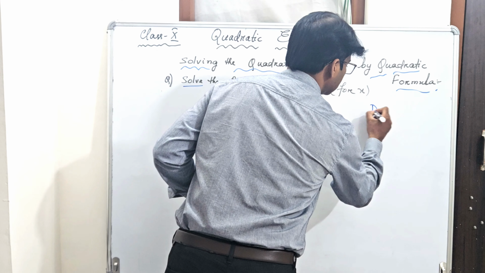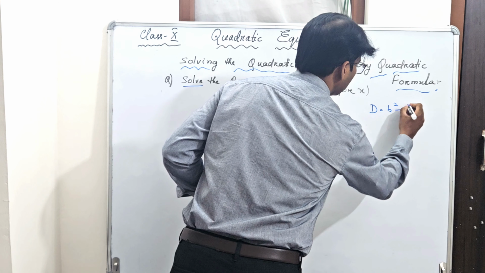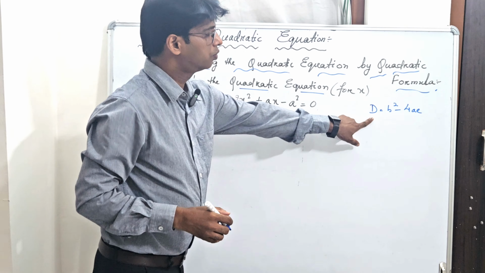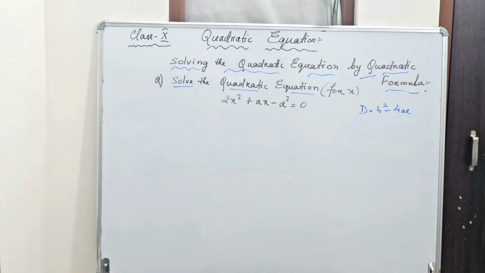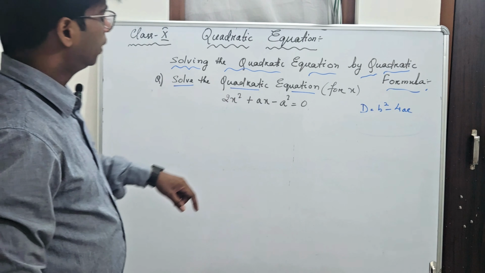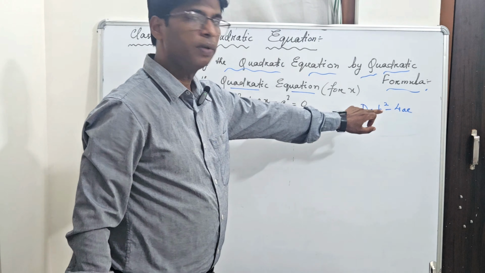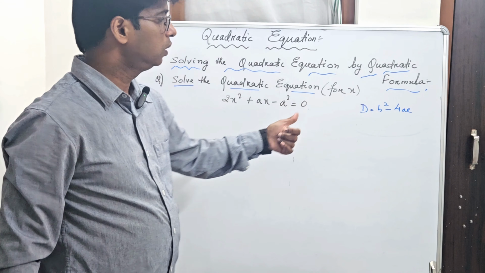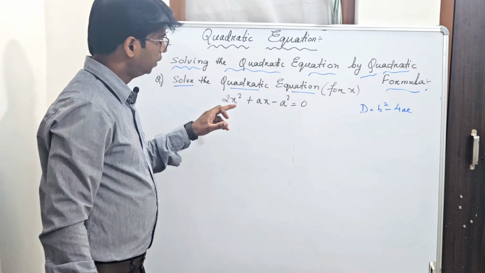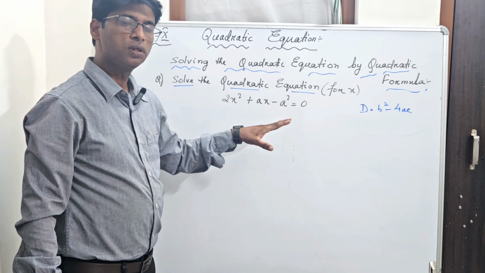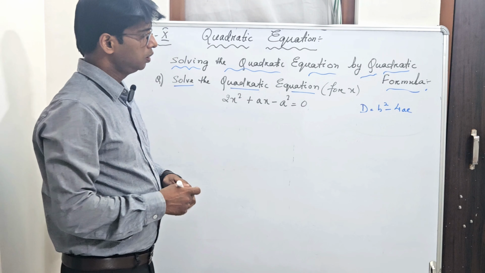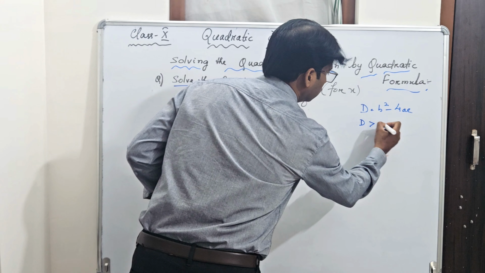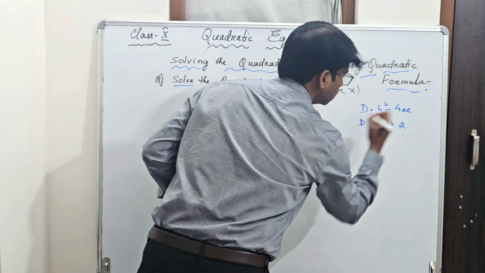So D is equal to b square minus 4ac. If you remember, I have discussed the discriminant, D is equal to b square minus 4ac, which gives the discriminant of the quadratic equation, to know the nature of the roots, so that we can know whether this quadratic equation will be having roots or not. Because if I discuss the nature of the roots, if D is greater than 0, then it will be having two distinct zeros.